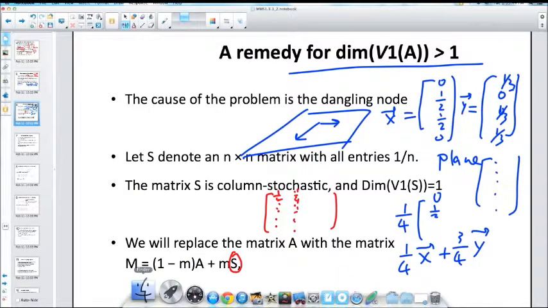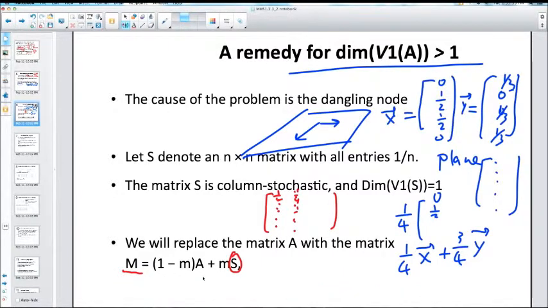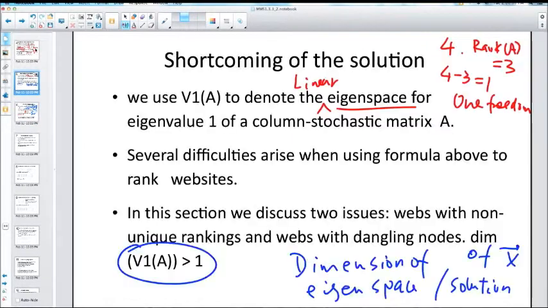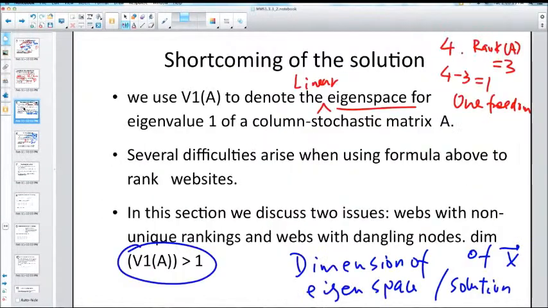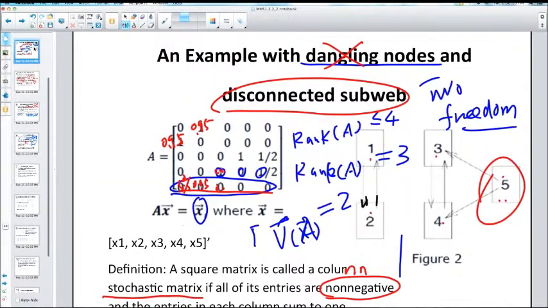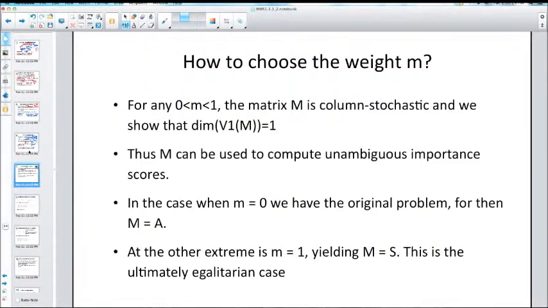And then I get this modified matrix M equals 1 minus little m times A. A is my original matrix of the internet structure. That's my A. And then I'm going to add the S with a little weight.